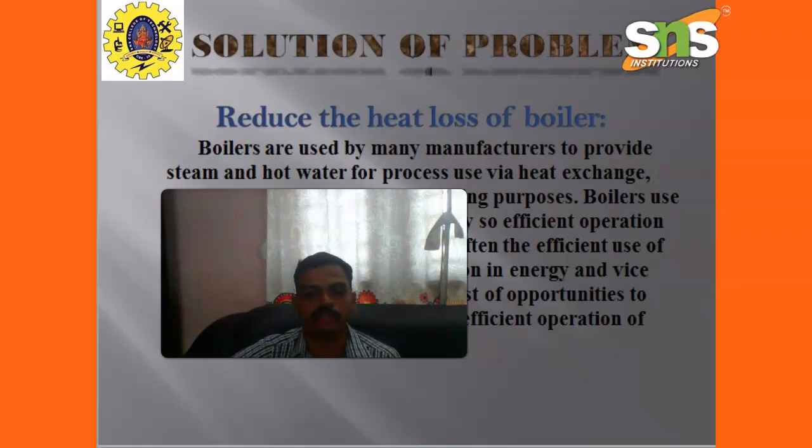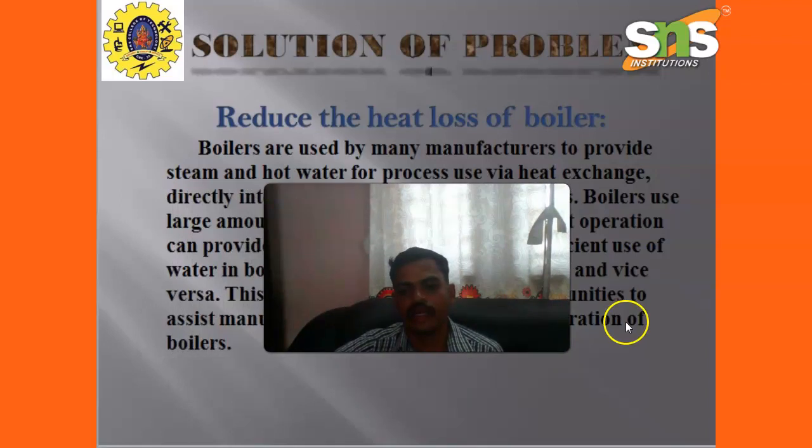Efficient use of water in the boiler leads to a reduction in energy use and vice versa. In this fact sheet, we provide a large list of opportunities to assist manufacturers in more efficient generation of steam from the boiler.